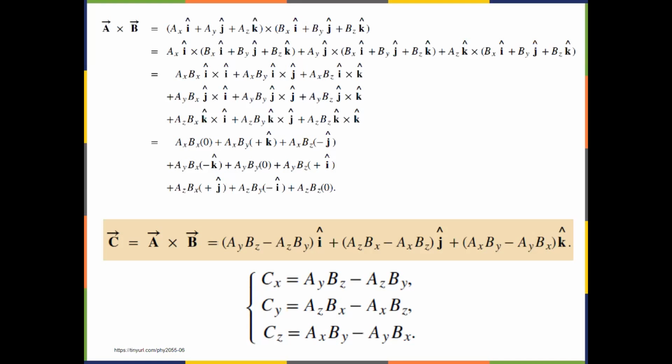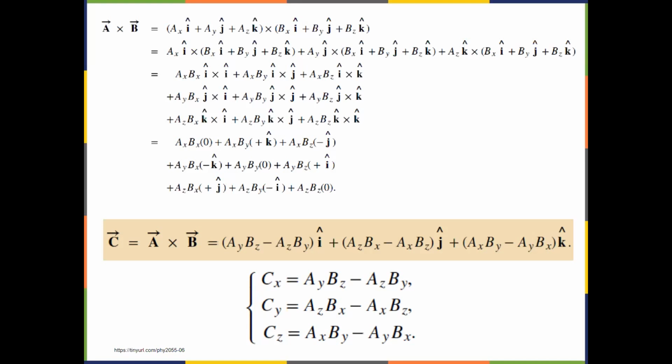But there's a trick here. For example, if you are looking for the x component of the resultant, there should be nothing associated with the x component of the original vectors. You wouldn't have ax or bx there. Then you should have ay bz minus az by. You take the y component from one times the z component from the other, minus the z component from the one times the y component of the other, okay?